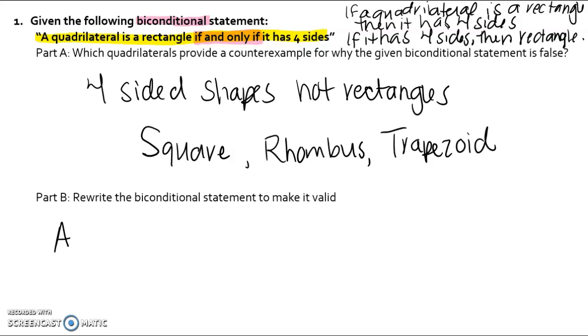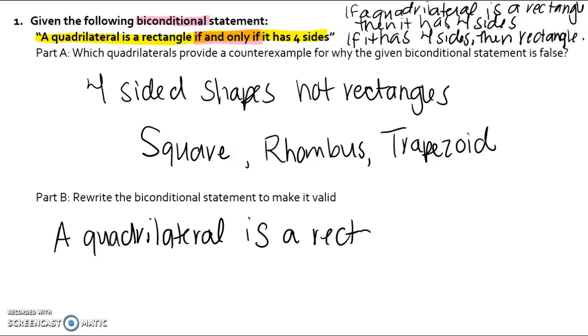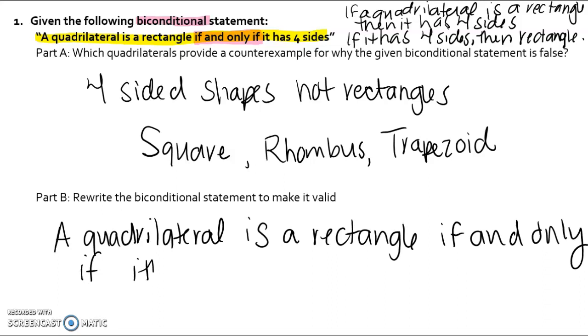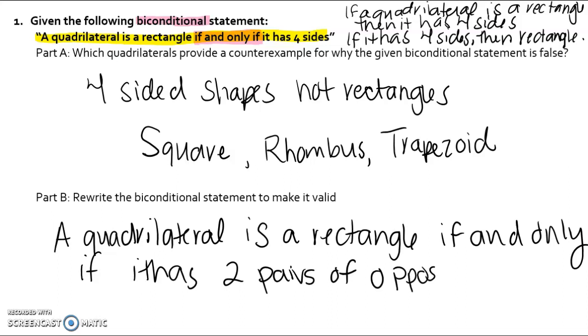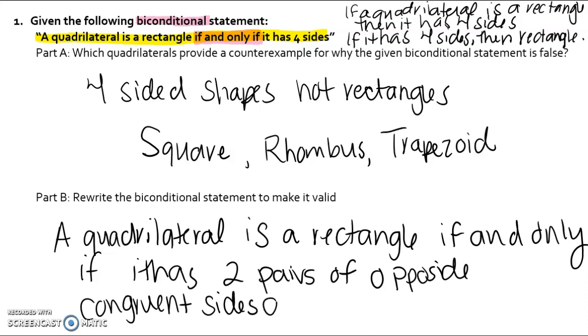So I could say a quadrilateral is a rectangle if and only if it has 2 pairs of opposite congruent sides and 4 right angles.